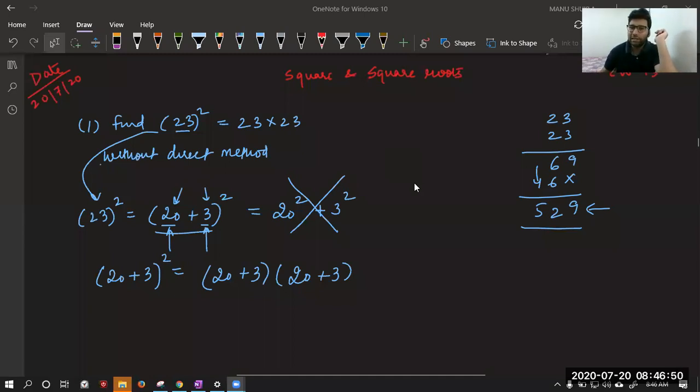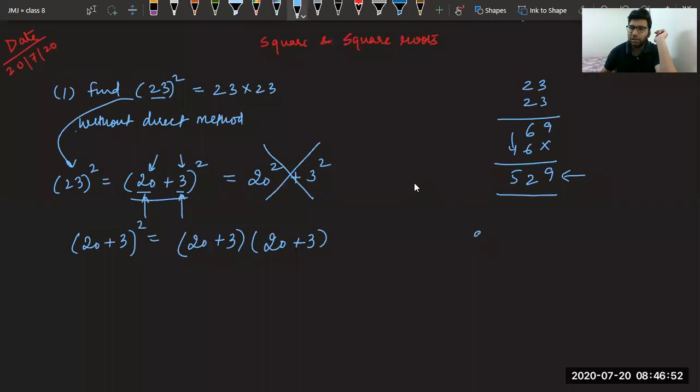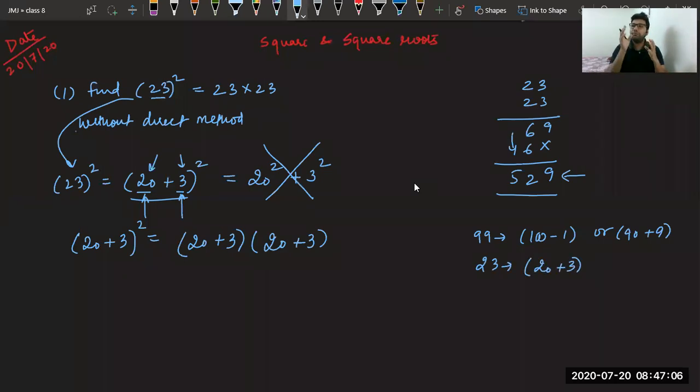The thing is, I can write 99 as either 100 minus 1 or 90 plus 9. I can write similarly 23 as 20 plus 3. What we are doing is breaking the number into two parts which are easy for us to find the square of. Because 23 square we have to solve to find the answer, but 20 and 3 are easy numbers.